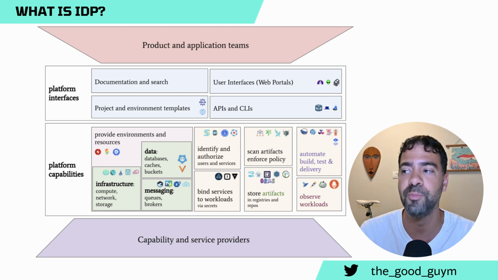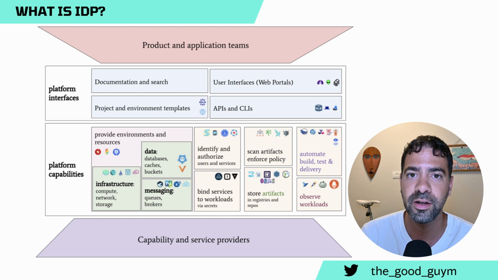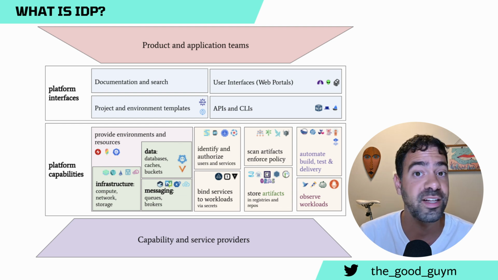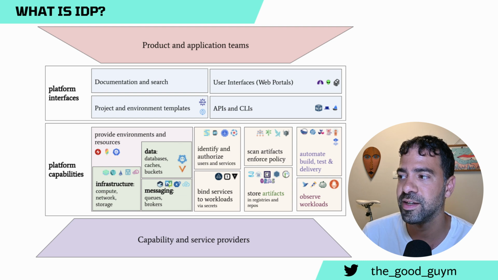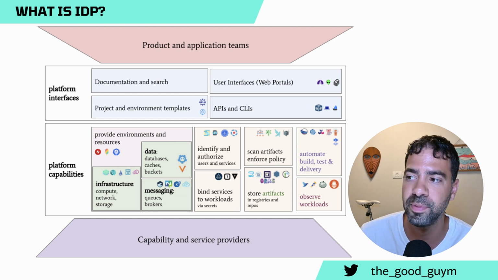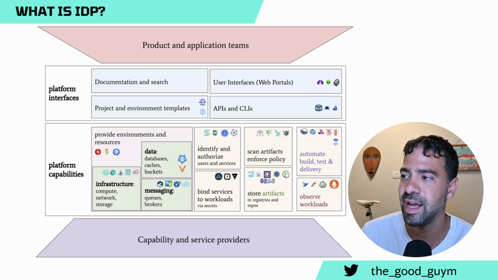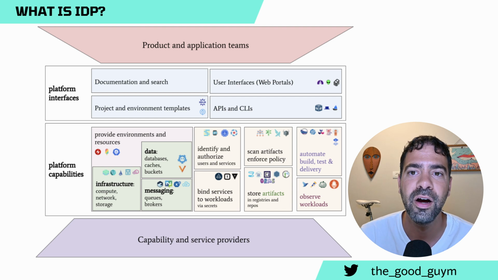And for that at the top, we got the platform interfaces, where product and application teams go into this product interface portal and consume the services. For example, at the user interface, we got Backstage, which is the leading internal developer platform in the CNCF. And we can see that we have documentation and search, templating, all the things that developers really care about.